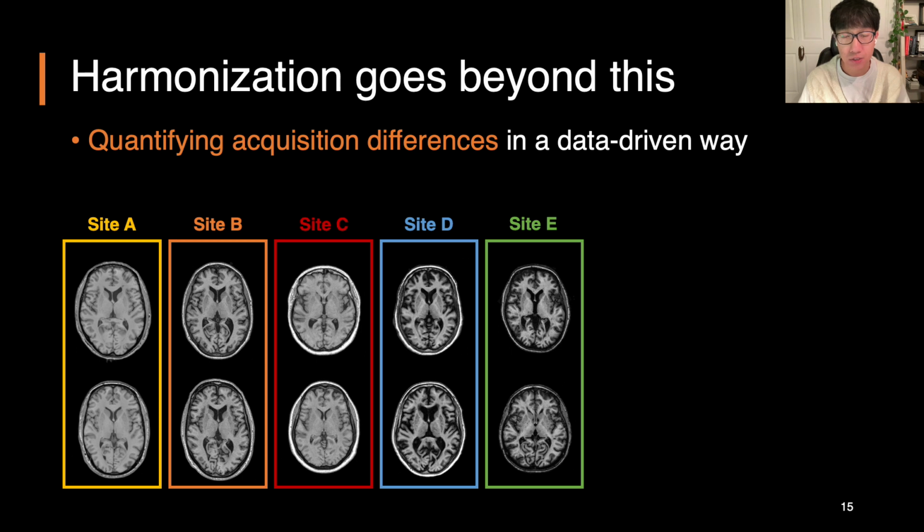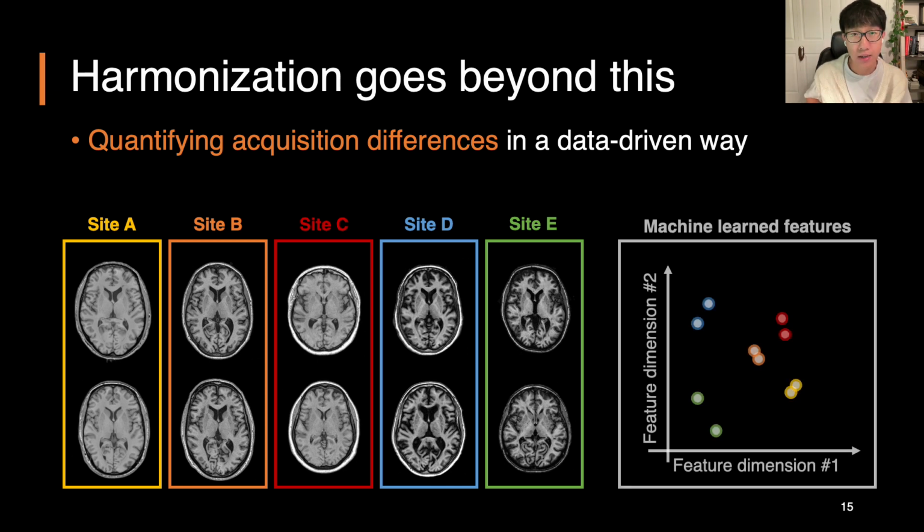And lastly, our image harmonization method has the ability to quantify acquisition differences in a data-driven way. In this figure, I'm showing MR images from 5 different sites, and for each site, I'm showing 2 representative images. And on the right, we can project those images into a machine-learned feature space.